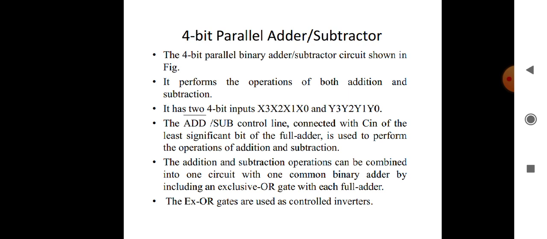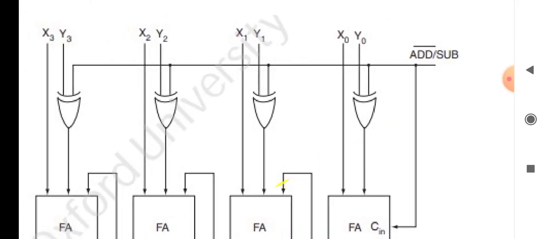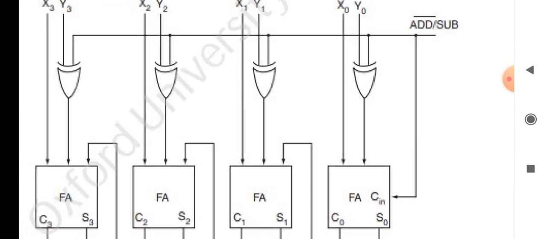The add complement bar subtract control line, connected to the C input of the least significant bit of the full adder, is used to perform the operation of addition and subtraction. This C input decides whether the operation to be performed is addition or subtraction.